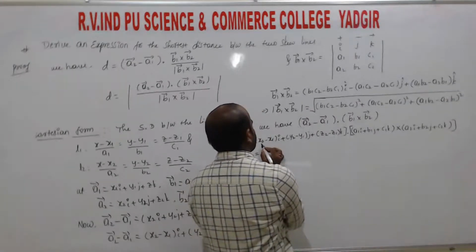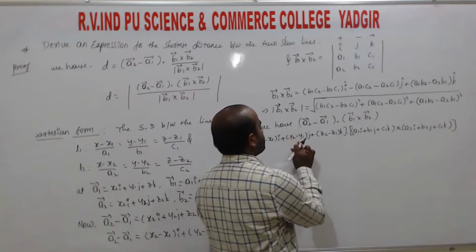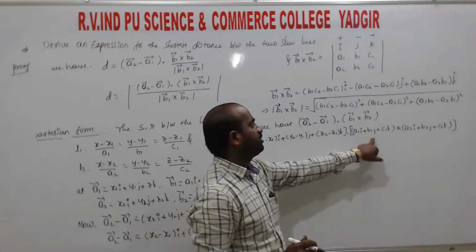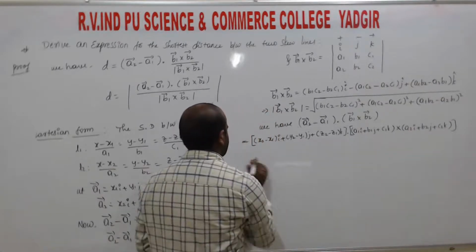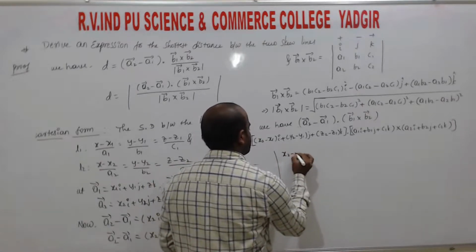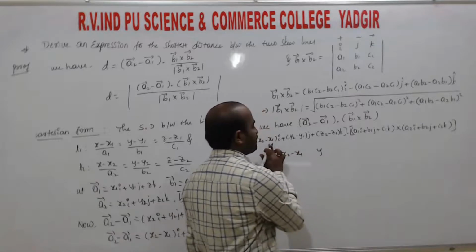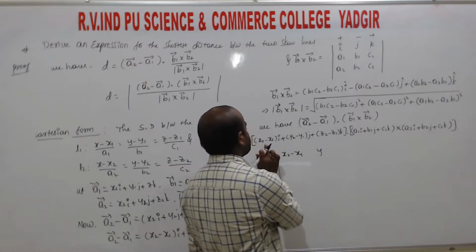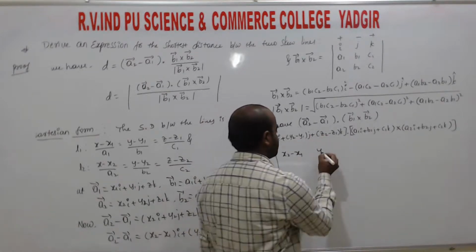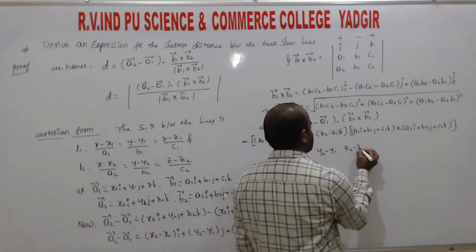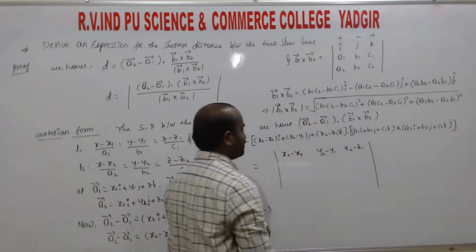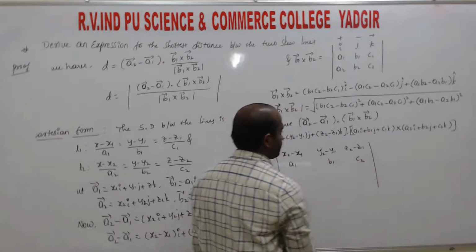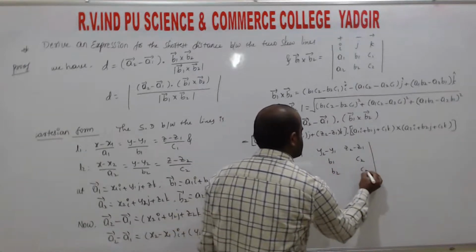The a components are x2 minus x1, y2 minus y1, z2 minus z1 in the first row, the second row a1, b1, c1, and the third row a2, b2, c2.